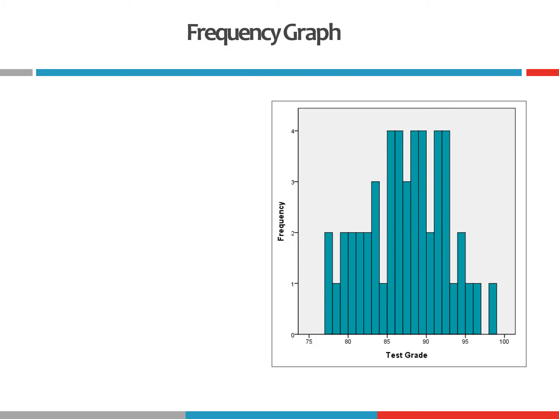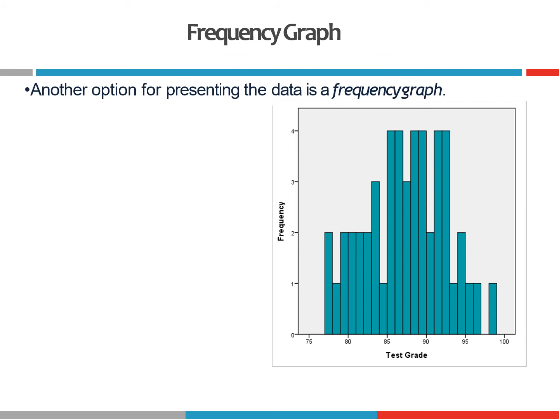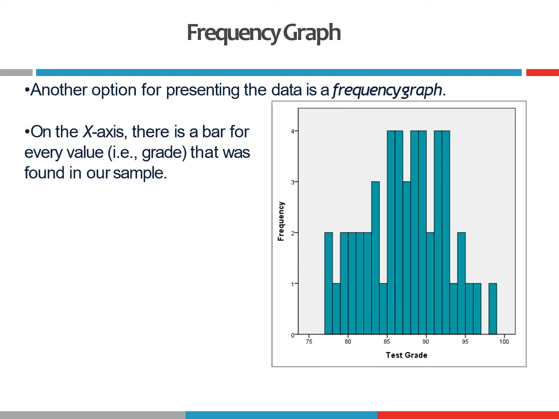Okay. Another option is what's called a frequency graph. When we present the data in a frequency graph, on the x-axis, there is a bar for every value or grade that was found in our sample.